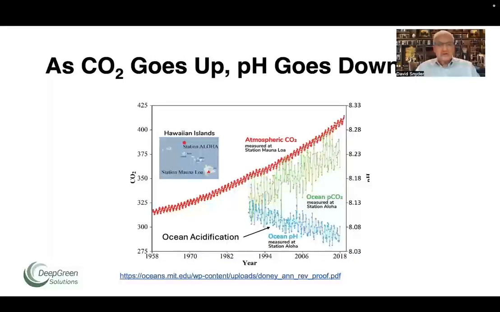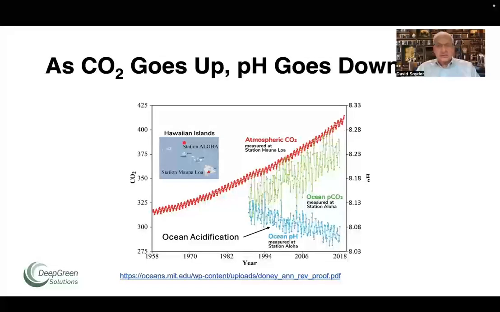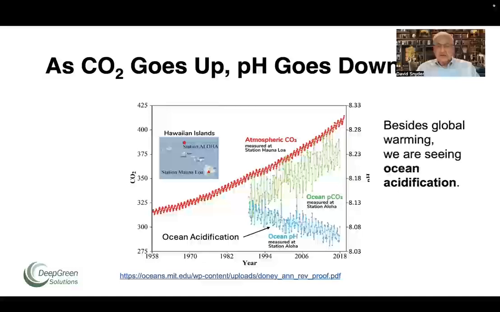And as CO2 in the atmosphere goes up, pH in the ocean goes down. This is called ocean acidification. Here we have the CO2 in the ocean going up and the pH going down. And this is bad for a lot of habitats and species that are acclimated to what was the normal pH in past times.